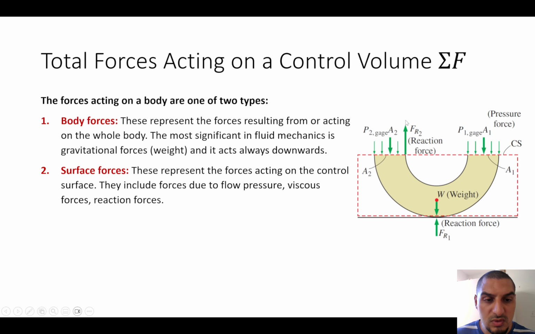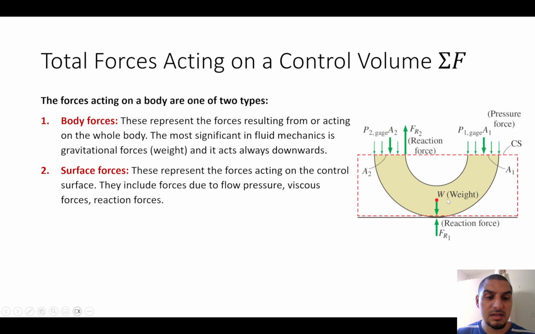Regarding the viscous forces, we are not going to include them here, but if part of the control surface involves friction of the fluid with the control surface, mainly if the control surface is parallel to the flow of the fluid, we will go through this in a slide or two. Then this is one of the forces that we should include.